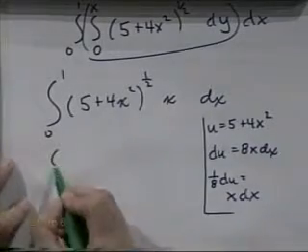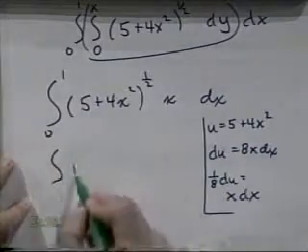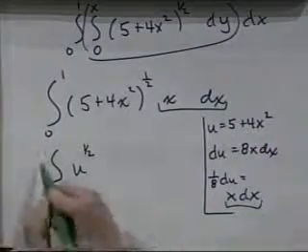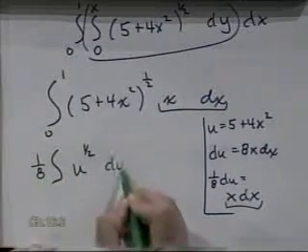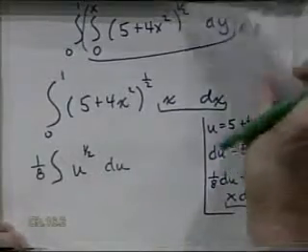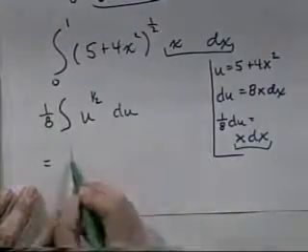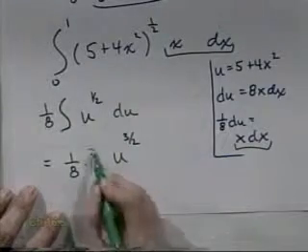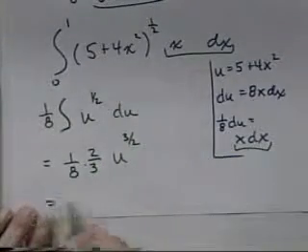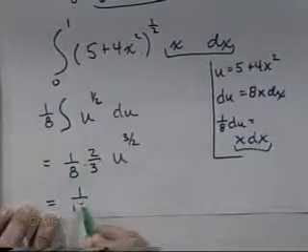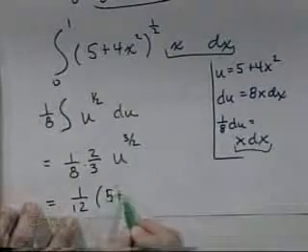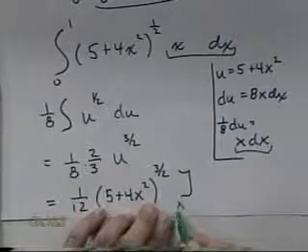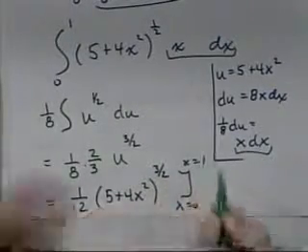So where I see 5 plus 4x squared, I put u to the 1/2, where I see x dx, I replace it with 1/8 du, and this is going to equal 1/8 times u to the 3/2. Dividing by 3/2 is the same as multiplying by 2/3. 2 goes into 8 four times, so that's 1/12. And what's u? 5 plus 4x squared, to the 3/2, and we're going from x equals 0 to x equals 1.